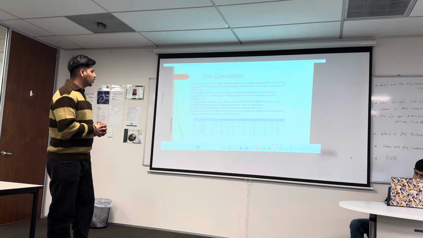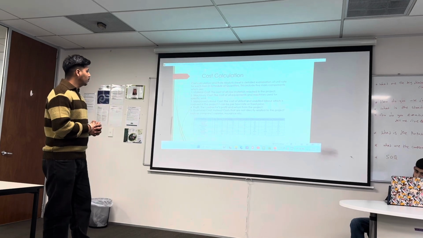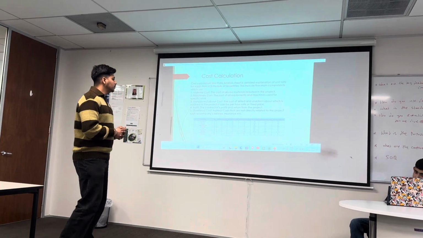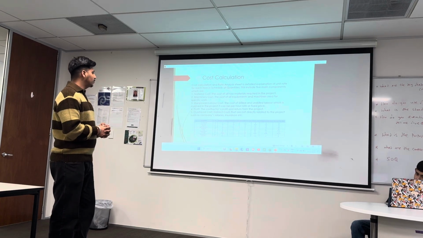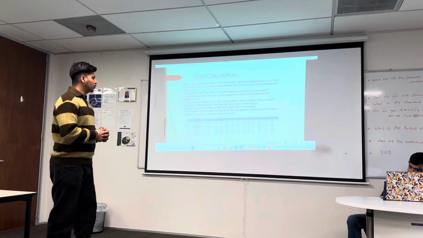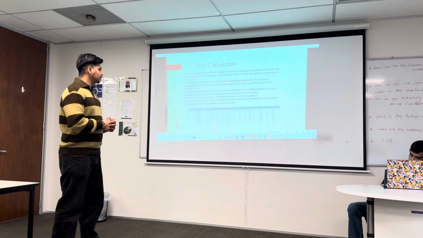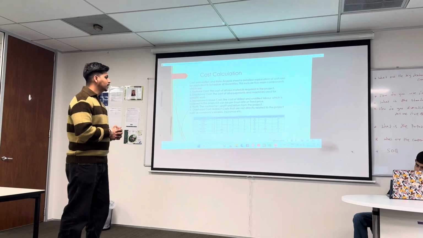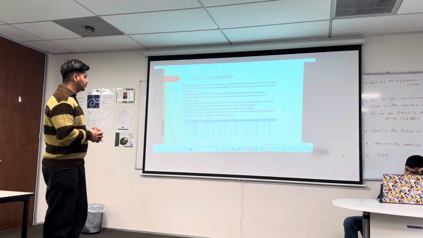Then we have manpower or labor cost, the cost of skilled and unskilled labor which is involved in the project. It can be per hour rate or fixed price. Then we have the profit, the contractor's profit and return from the project. The last one is overhead cost, indirect costs that are not directly related to the project, such as company salaries, insurance, etc.